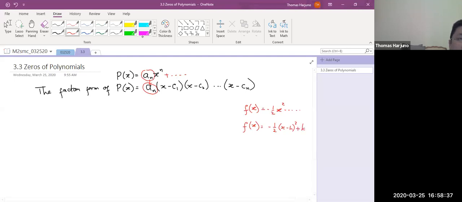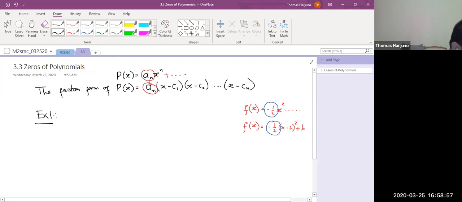You see that this -1/2 as the leading coefficient is being carried over. Okay, that's the basic idea. So with that in mind, we can do problems from our 3.3.